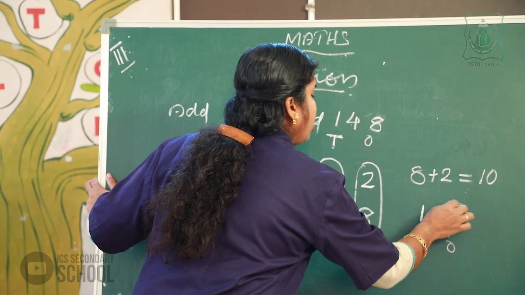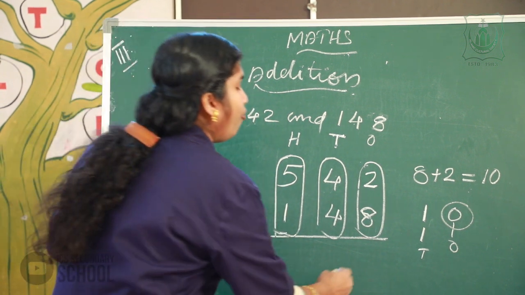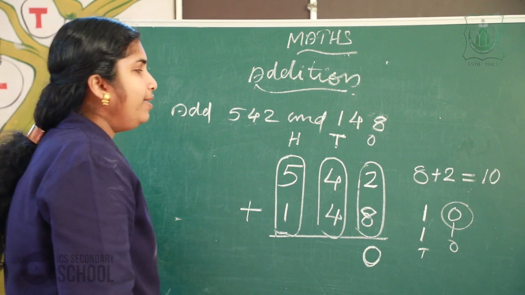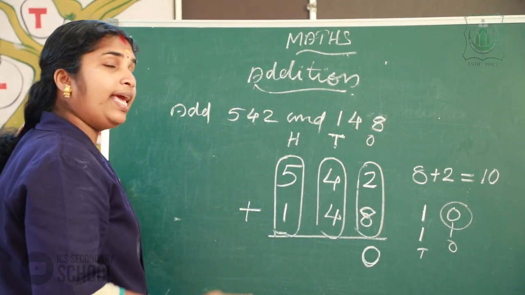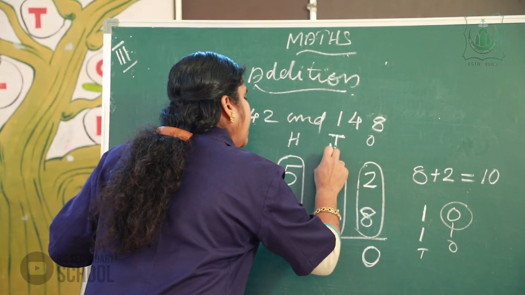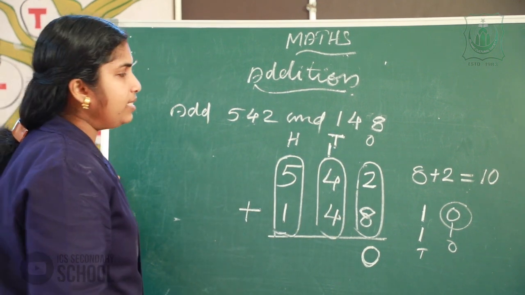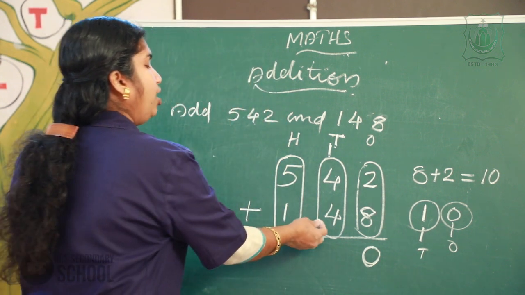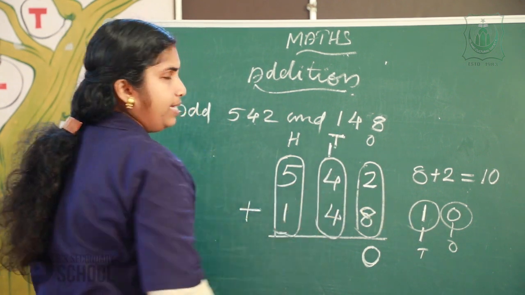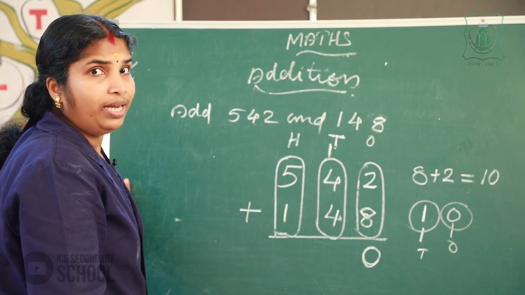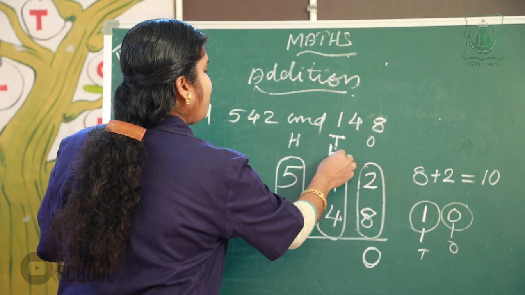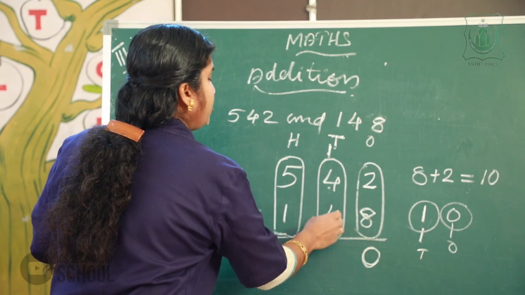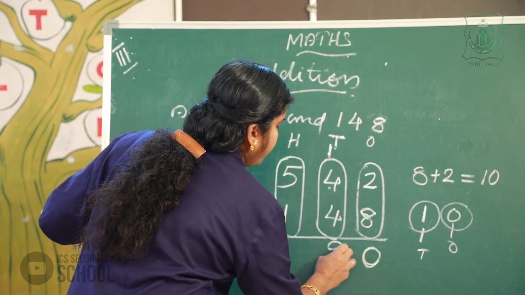We write the 0 in the ones place. This 1 is carried over to the tens place digits, and we add 1 plus 4, 5, 5 plus 4, 9.